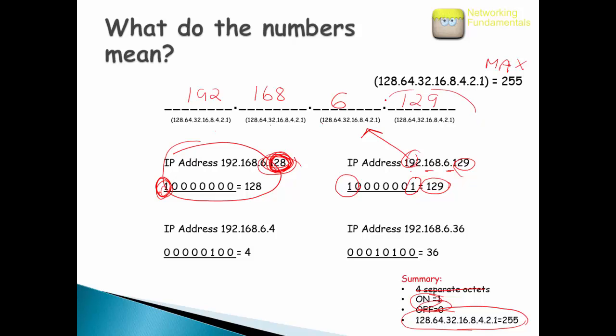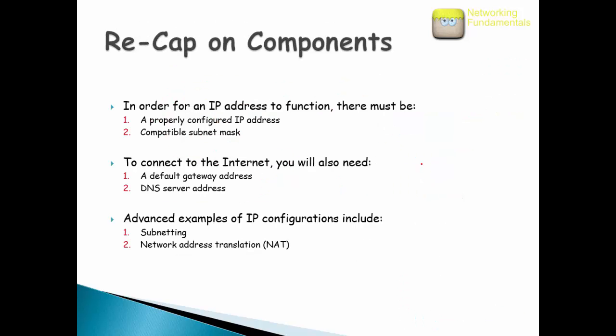Sorry, it's not an IP address, it's part of an IP address. You need 4 of these octets to make 1 IP address. I hope that makes it a little bit easier.